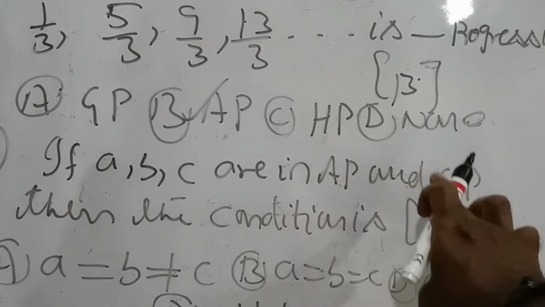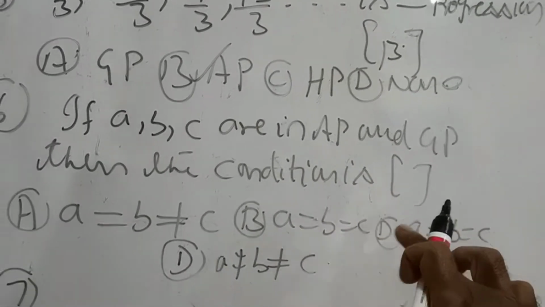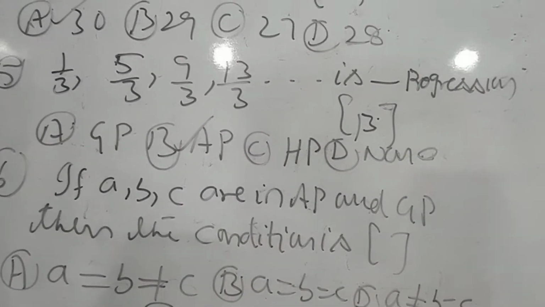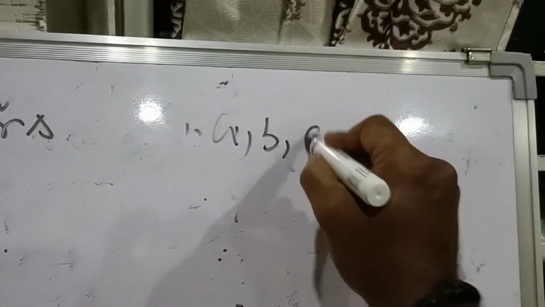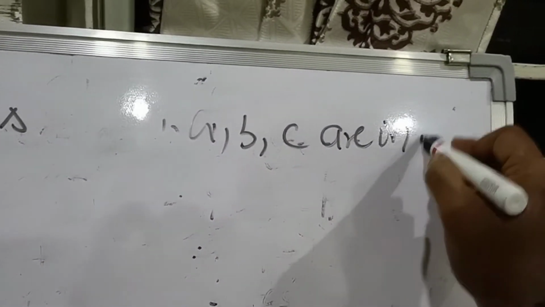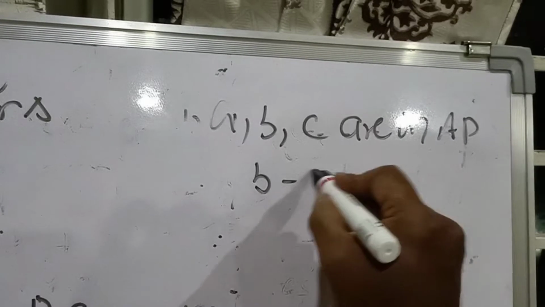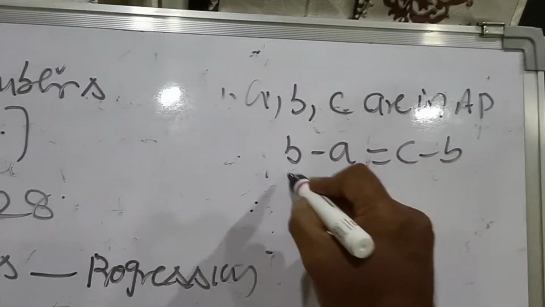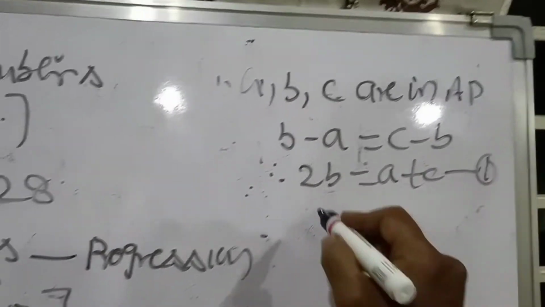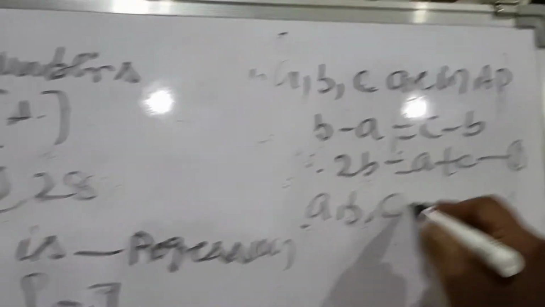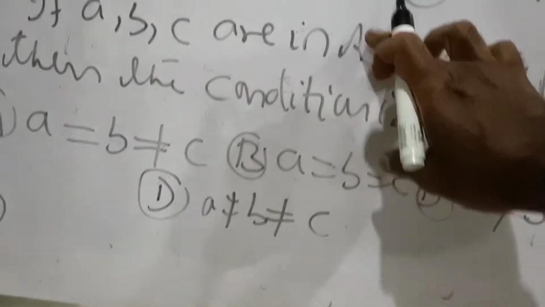If a, b, c are in AP and GP, then what is the condition? What is the question given here? a, b, c are in AP and GP. When a, b, c are in AP, the common difference is constant. b minus a is equal to c minus b. 2b is equal to a plus c. So, a, b, c are also given to be in GP. Therefore, the common ratio is constant.